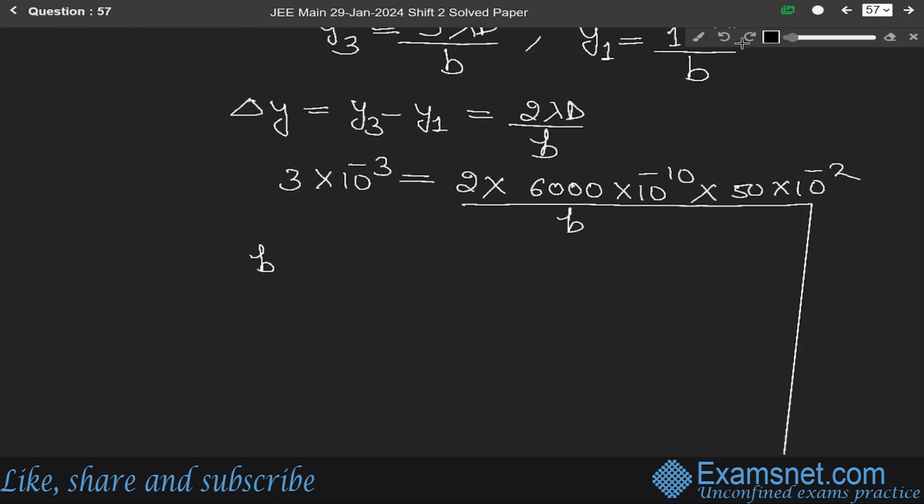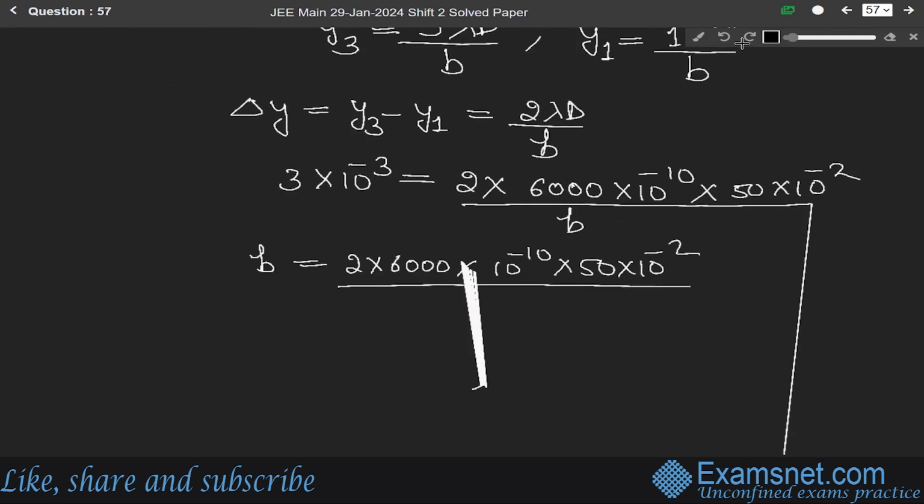So b will be equal to 2 into 6000 into 10 to the power minus 10 into 50 into 10 to the power minus 2, over 3 into 10 to the power minus 3.